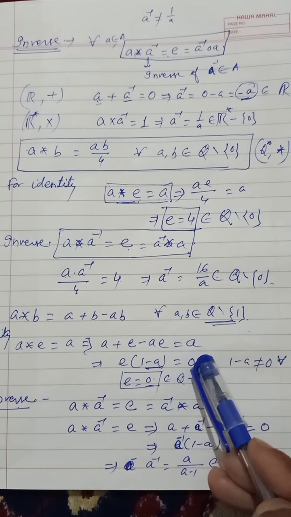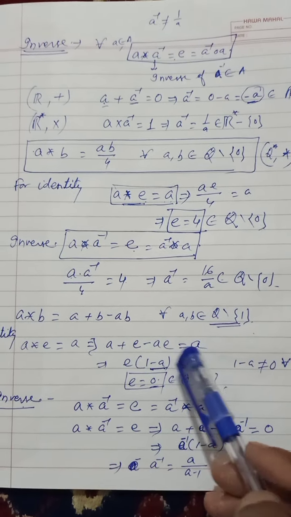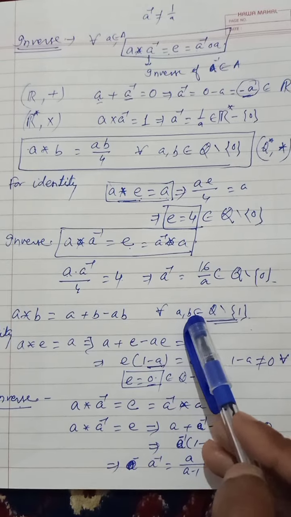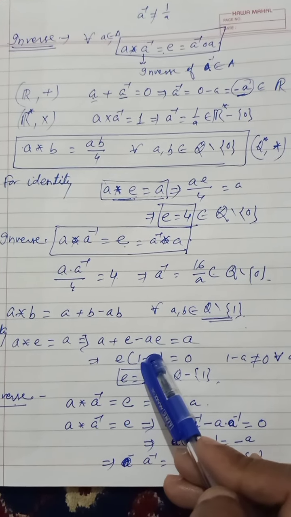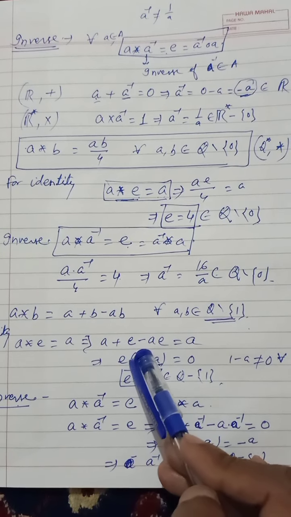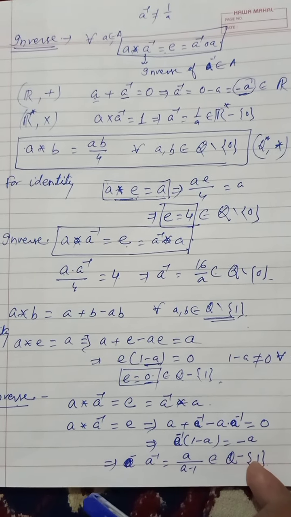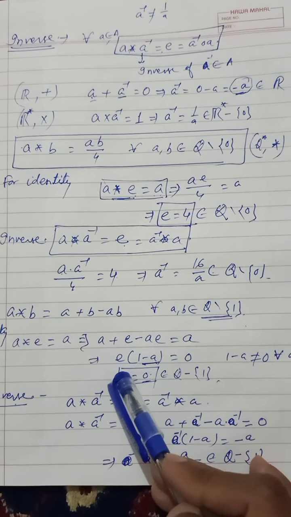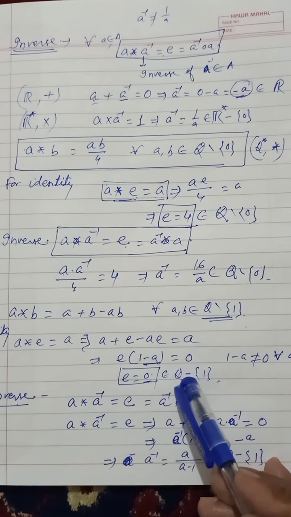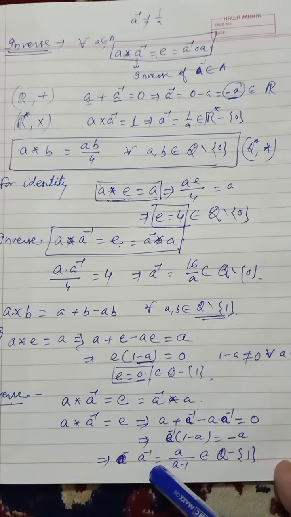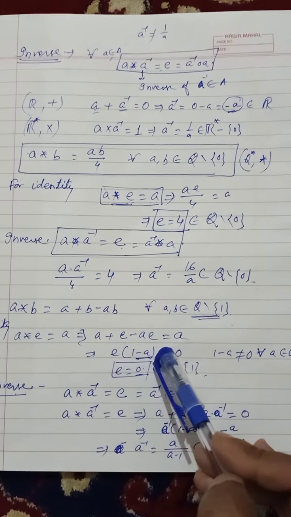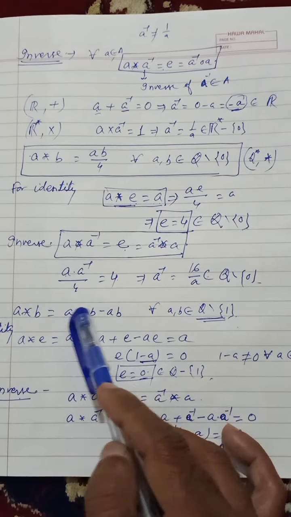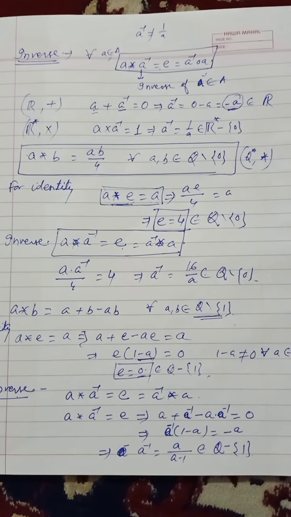E into 1 minus A is equal to 0. But what we have taken, A and E belong to Q minus 1. That means A is not equal to 1. If A is not equal to 1, that means 1 minus A never becomes 0. So what is the value of E? E must be equal to 0, which belongs to rational numbers except 1. Always remember this. The identity element with respect to this binary operation is given by 0.